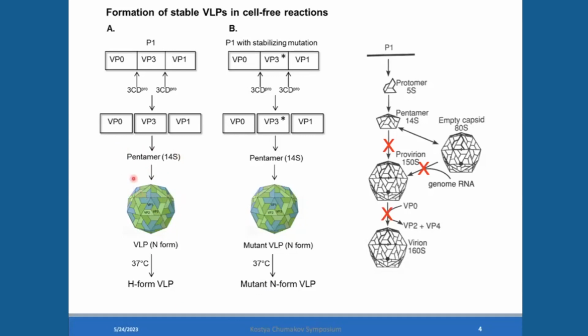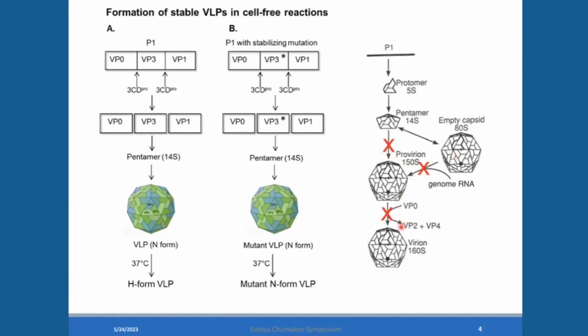In other words, you would get your P1 protein, you have 3CD processing, so you have VP0, 3, and 1, just like I showed, that can self-assemble using the normal pathways. Your P1 gets processed, you have protomers and pentamers. The pentamers can then assemble into empty capsids.